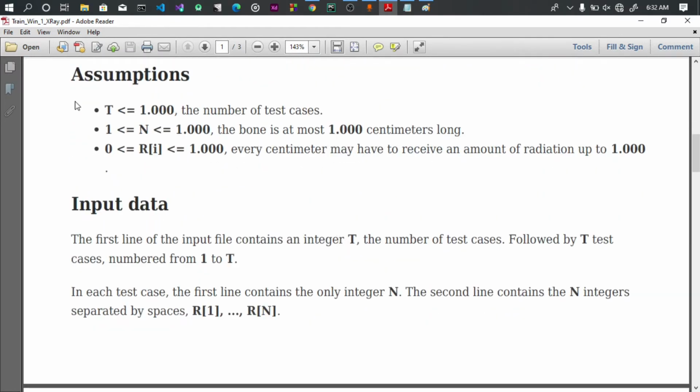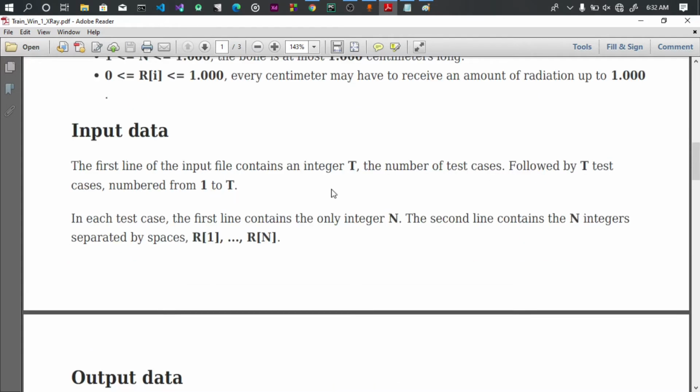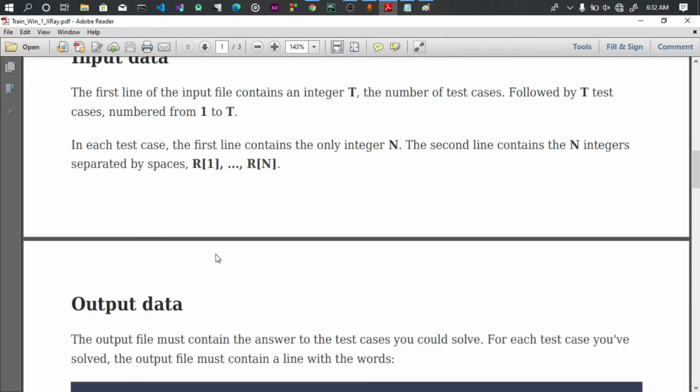Here are the assumptions given. In the input data, the first line of the input file contains an integer t, the number of test cases, followed by t test cases numbered from 1 to t. In each test case, the first line contains only the integer n. The second line contains n integers separated by spaces, R1 to Rn.